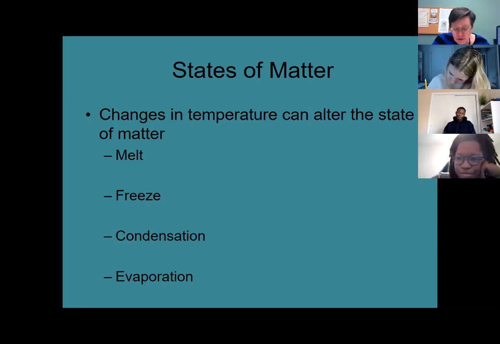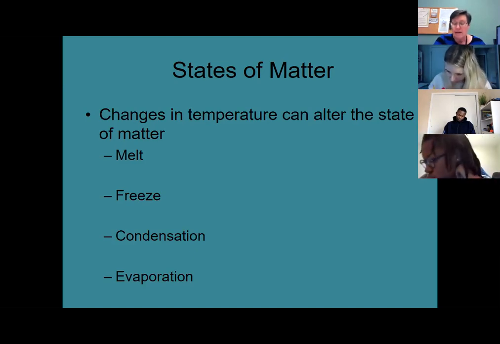So at what temperature does water boil? 212 degrees Fahrenheit, and this is on a Fahrenheit scale. The Celsius scale would be a little different. But that would be true for other types of matter.